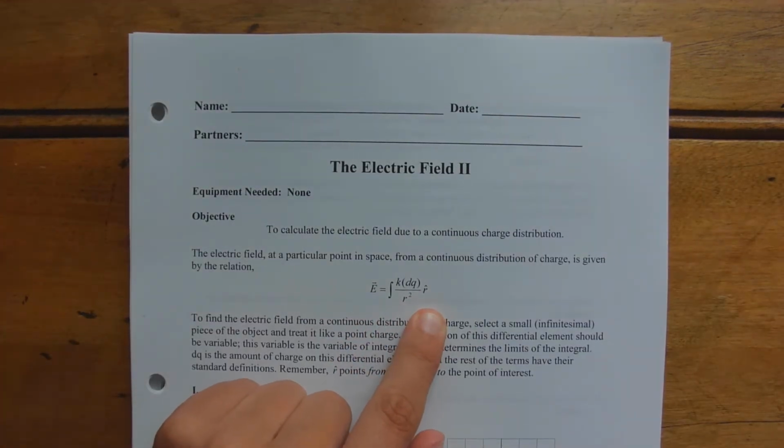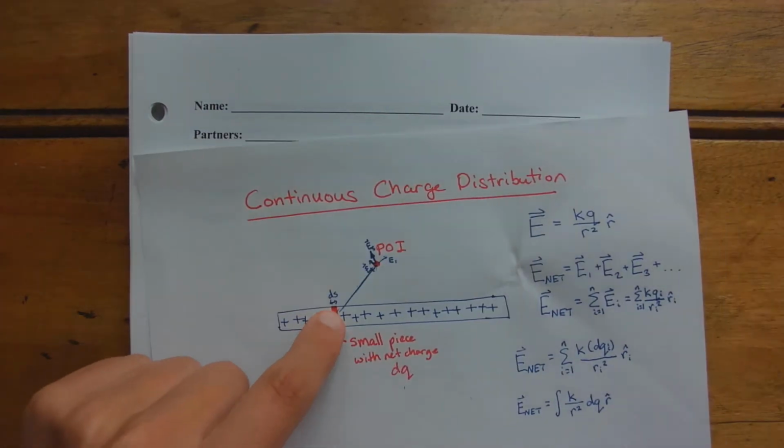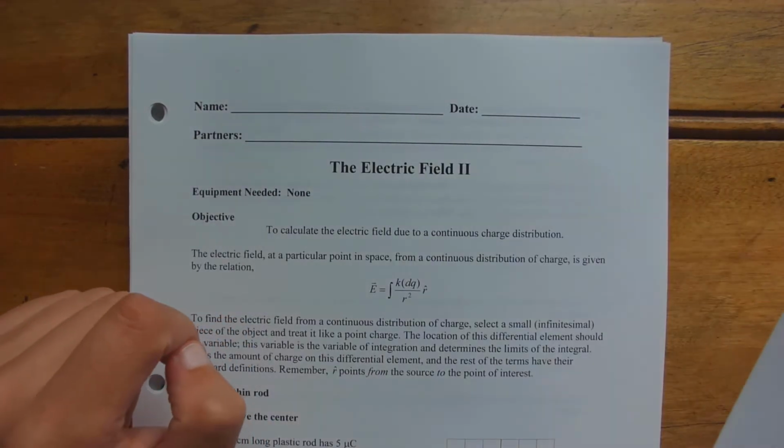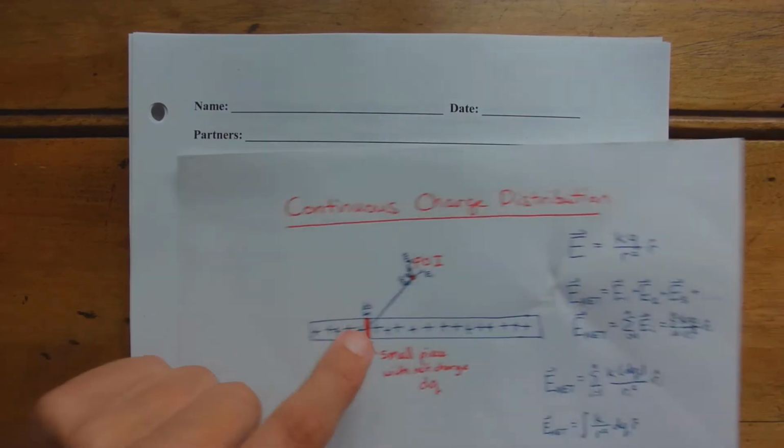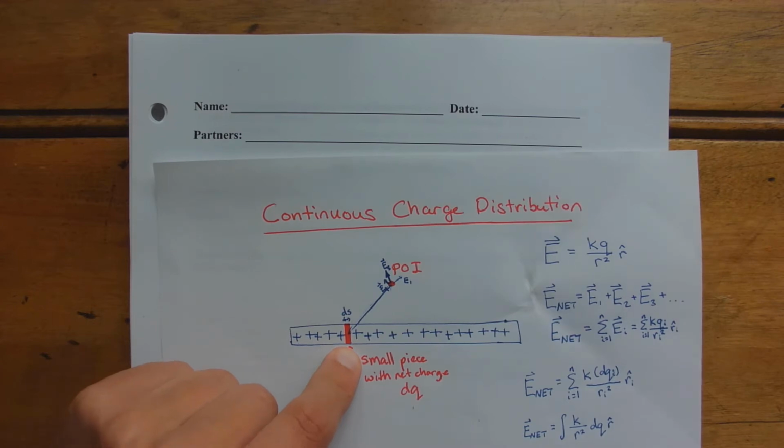The r hat is still a unit vector pointing in the direction from the charge to the point of interest, and r hat probably depends on which small element you're talking about.